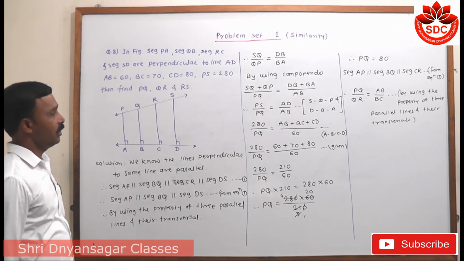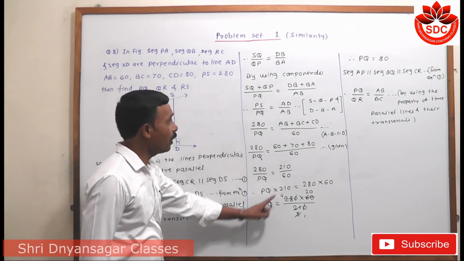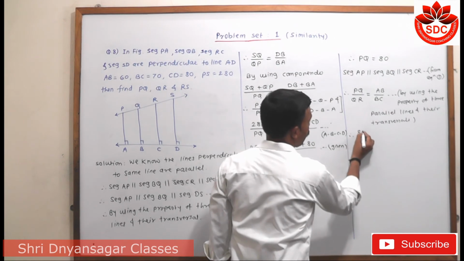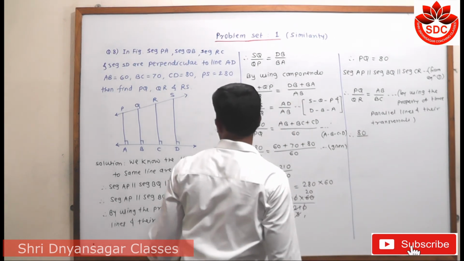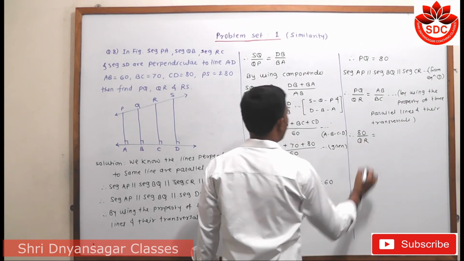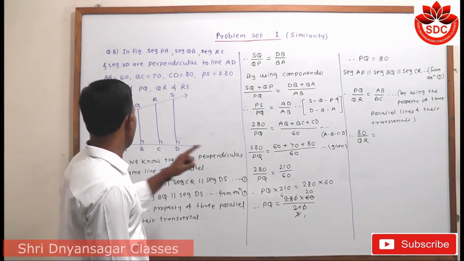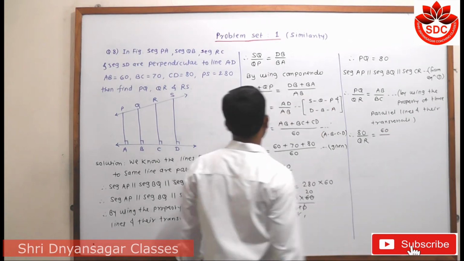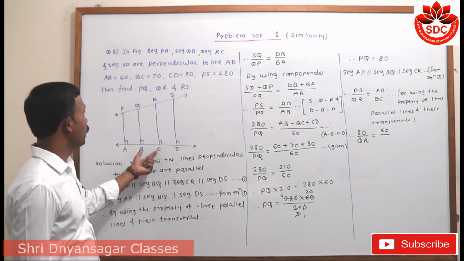Now we substitute the values. Here we have to find the value of QR, so substitute PQ is 80. QR we have to find here, is equal to, then AB is 60 and BC is 70.